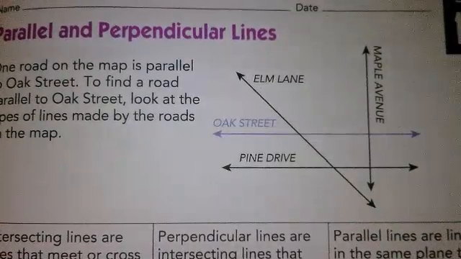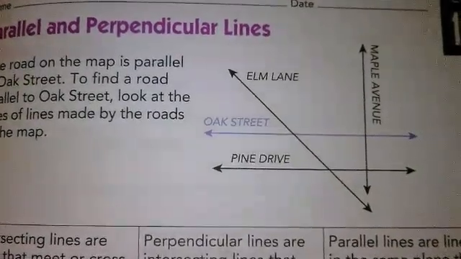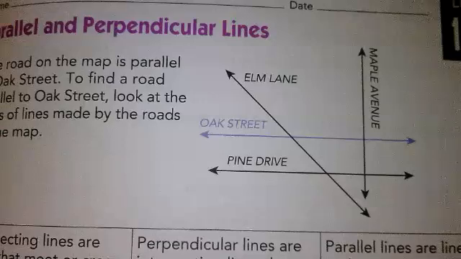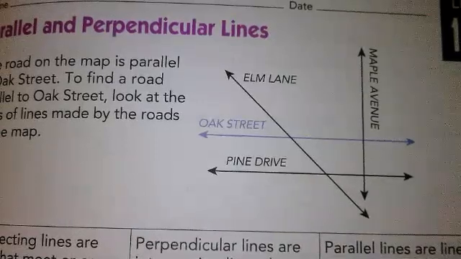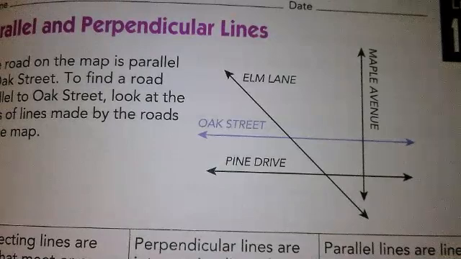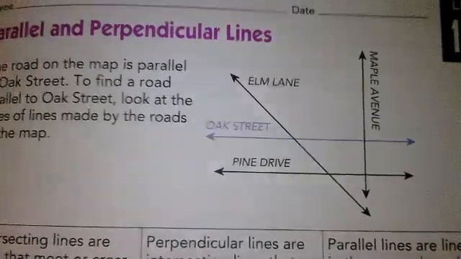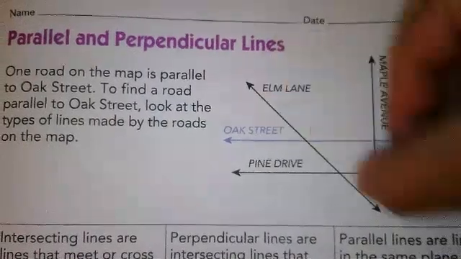How would you describe the relationship between Maple Avenue and Elm Lane? I want you to look at those real quick. Technically, on our page here, do they show them touching? No. But I want you to think about their lines, right? So they have an arrow that means they're going to go on forever, yes? So if I look here, I have Maple Avenue coming this way, and I have Elm Lane going that way.